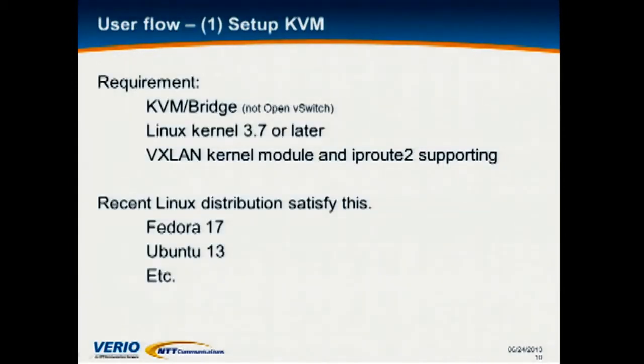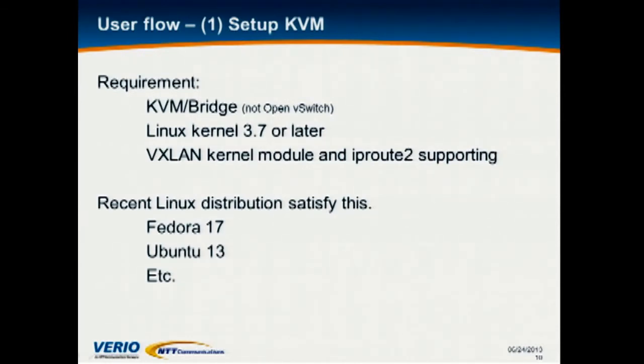So to set up VXLAN networking, we have to have a newer Linux kernel, like 3.7 or later. It supports the Linux VXLAN kernel module, and you need an iproute2 command utility that supports VXLAN.